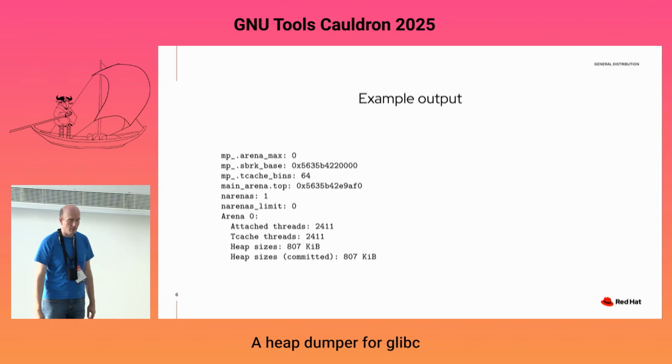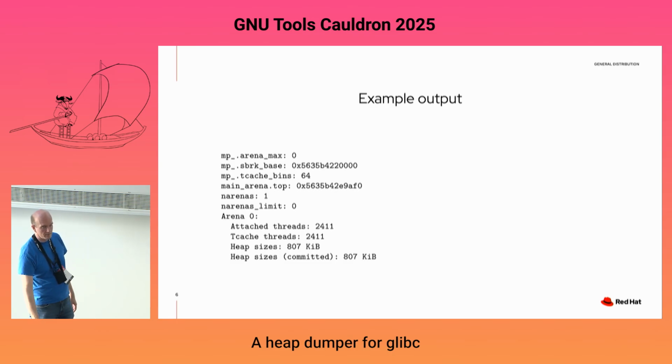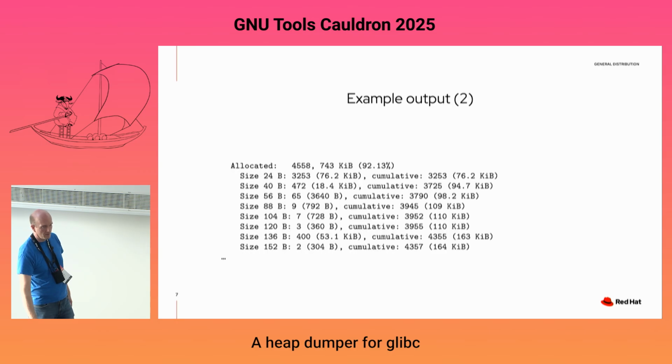Then for each arena, basically for each thread, it shows the number of threads that are attached to it, then the IDs of the threads that are attached, then the IDs of the threads that have T-cache entries from that arena. Then the total size of allocated heaps, and the sum of the committed memory in the heaps. And then we have allocation statistics.